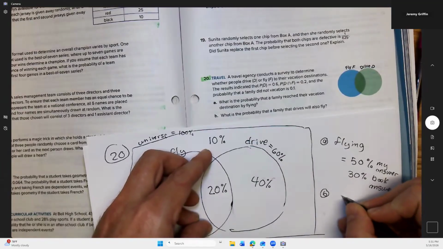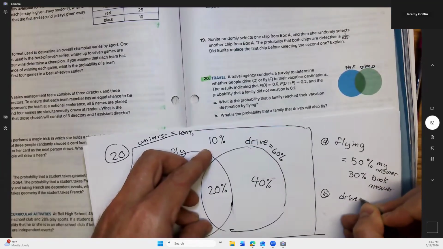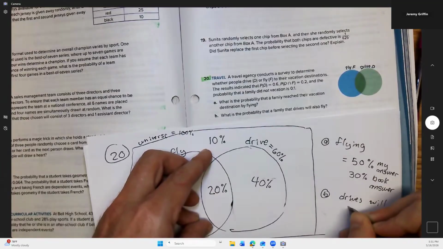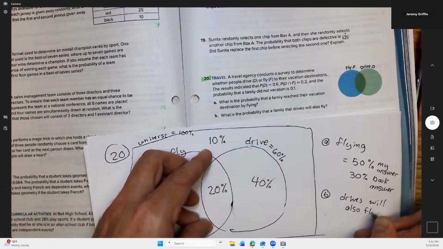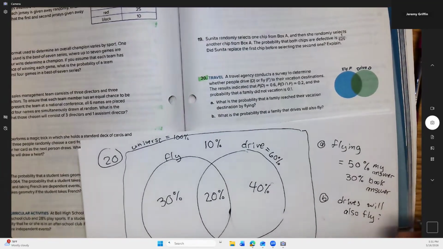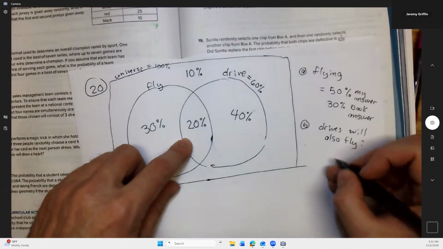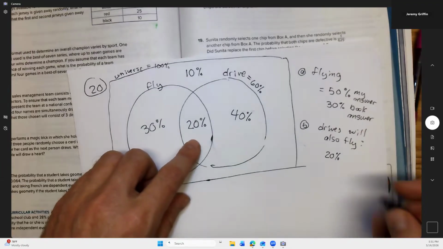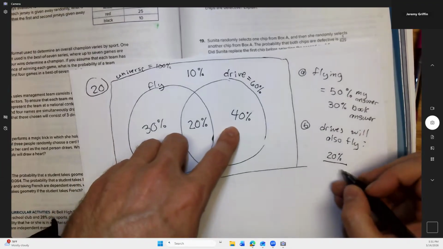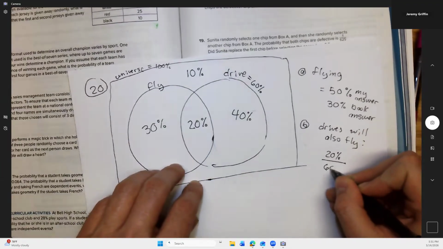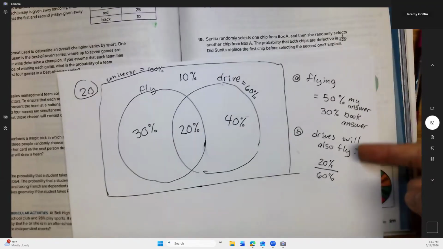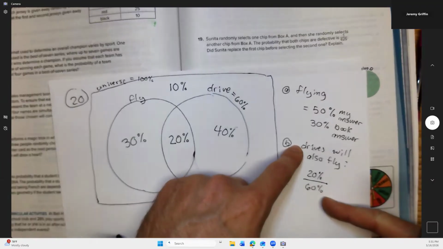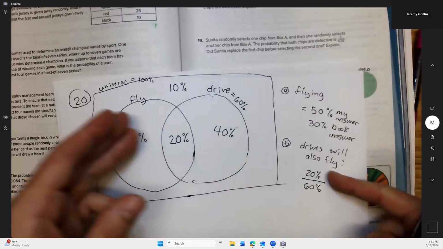So drives will also fly. That would be 20% of everybody who drives and flies out of the 60% that does drive. So here's 60% that are driving. Also flying is 20% of, again, everybody.